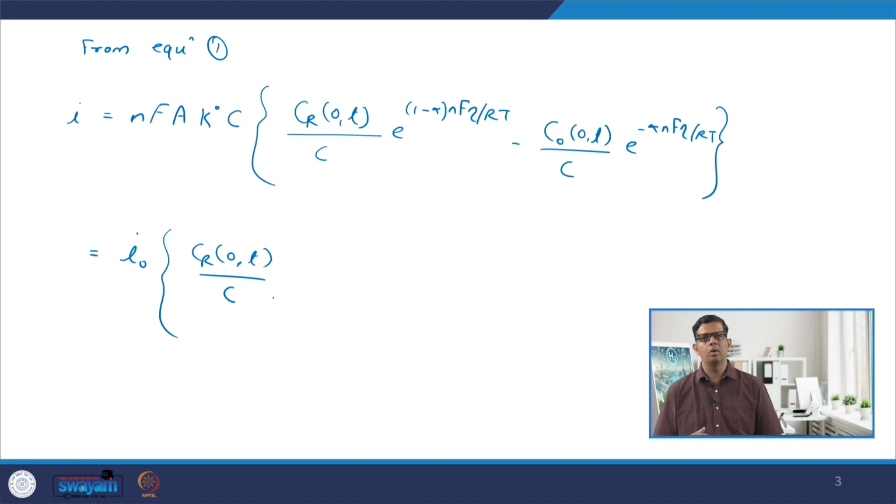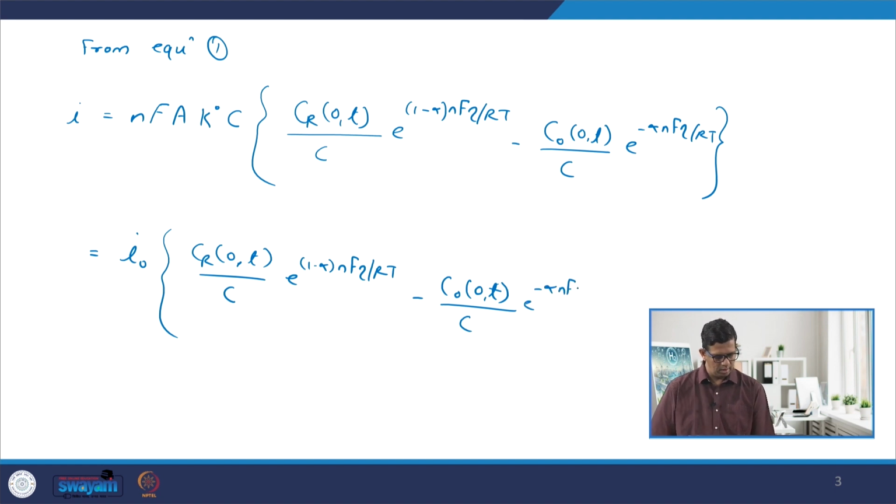C* is nothing but the bulk concentration of this species, and we have assumed them to be the same because when there is no net current flowing in the circuit, we can assume the species concentrations to be equal because they are bulk concentrations, e to the power (1 minus alpha) n F eta by RT minus C_O(0,t) by C* e to the power minus alpha n F eta by RT.